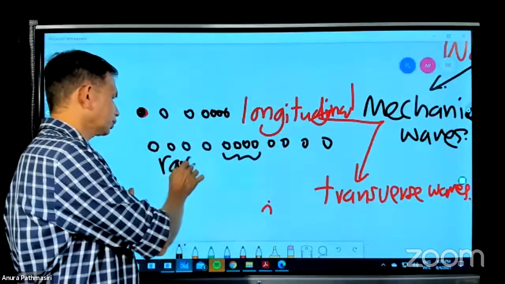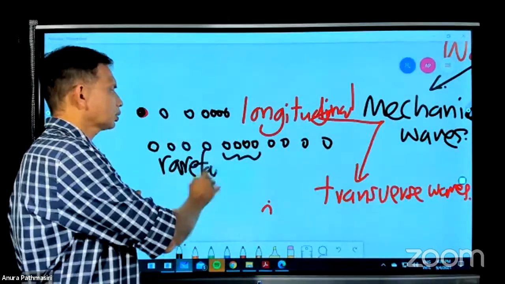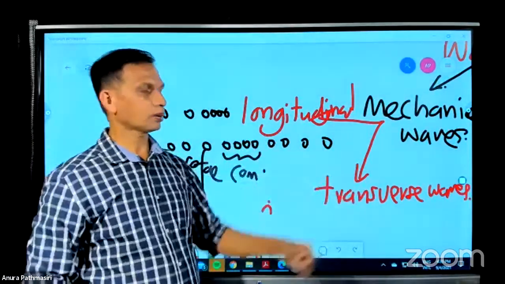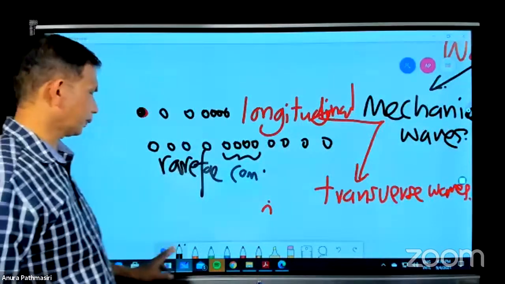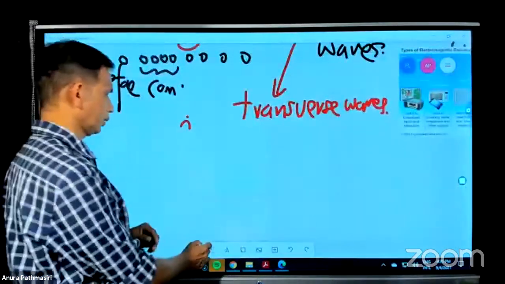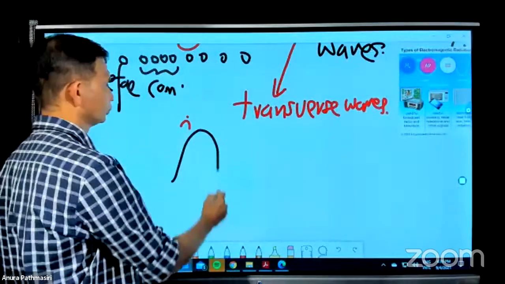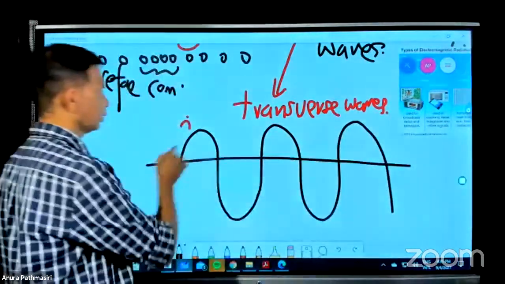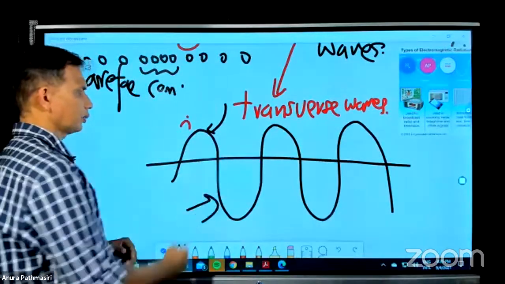This is rarefaction, and these are compressions. Whereas the transverse waves are propagated by using what? The wave shape like this, and they make this one and this one. What are they?